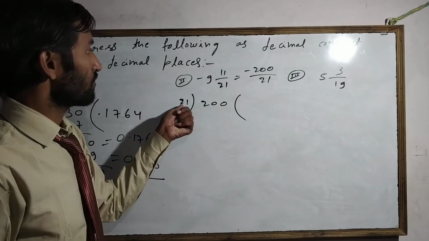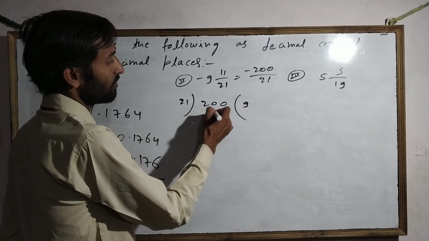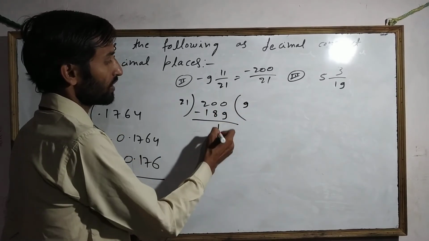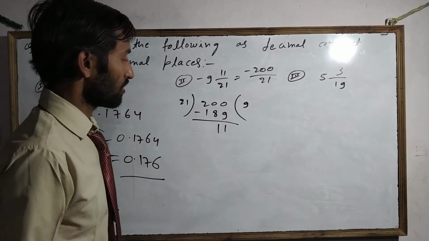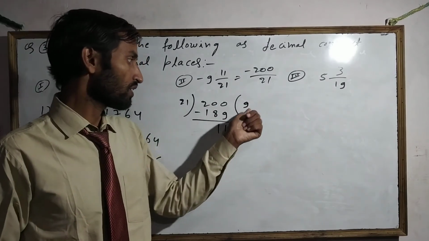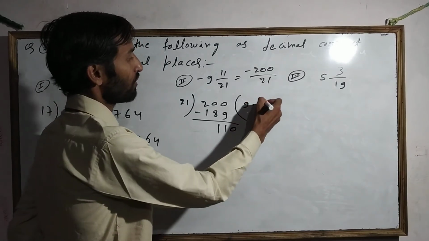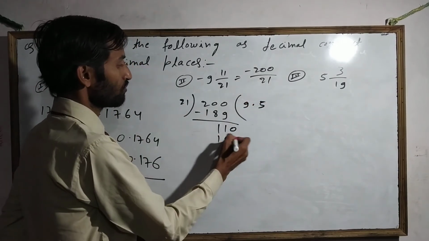So now we divide: 9 times 21 is 189. Now we subtract, the remainder is 11. Again 11 is a smaller value, so we put a point here, then put 0. Now 5 times 21 is 105.